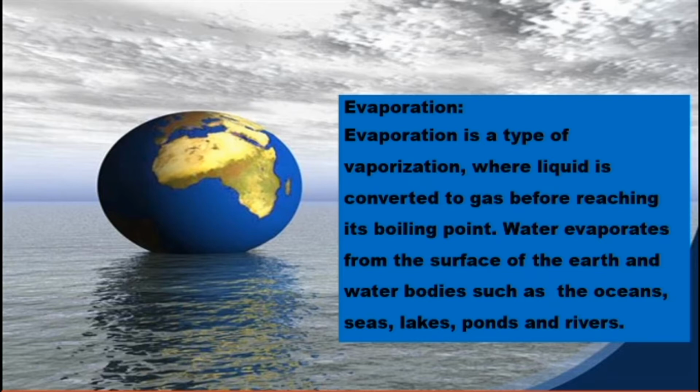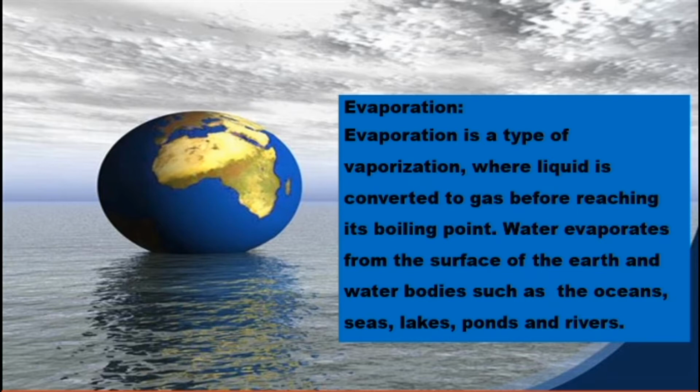Water evaporates from the surface of the earth and water bodies such as oceans, seas, lakes, ponds and rivers. So it is the circulation, and after that we get the rain. These are the cycles.